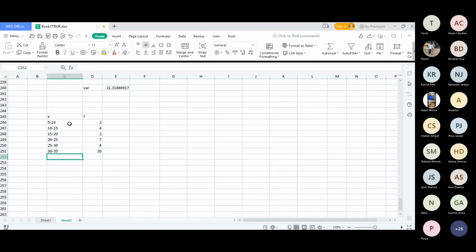Suppose these are your class intervals, and these are the frequencies. You want to calculate the standard deviation of this data.